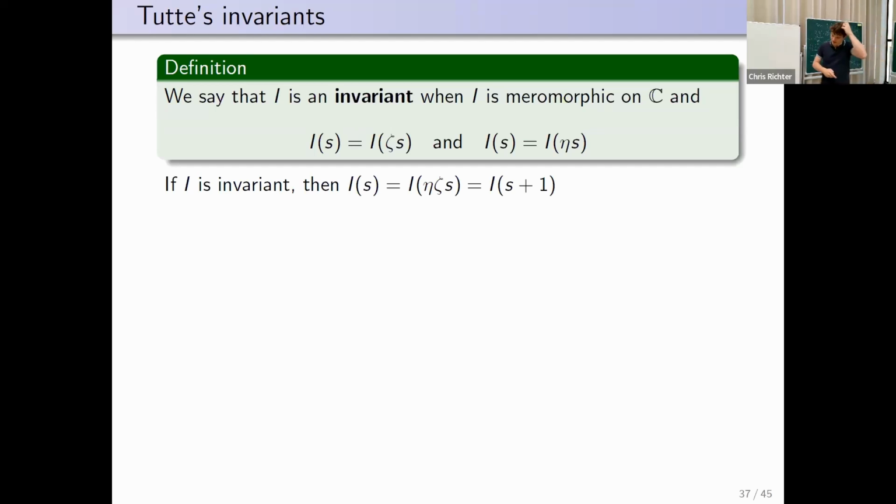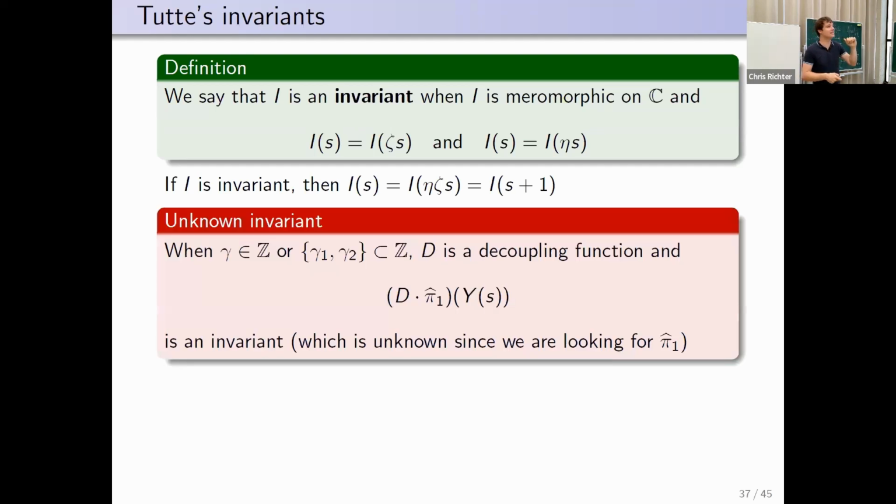So now, if you remember the slide before, what invariant have we seen before? The question. The invariant that we have seen before is d pi 1, the decoupling function times the Laplace transform.